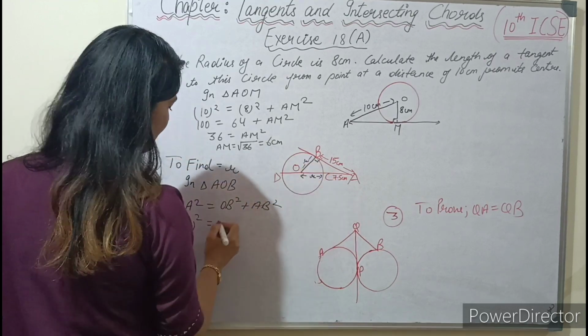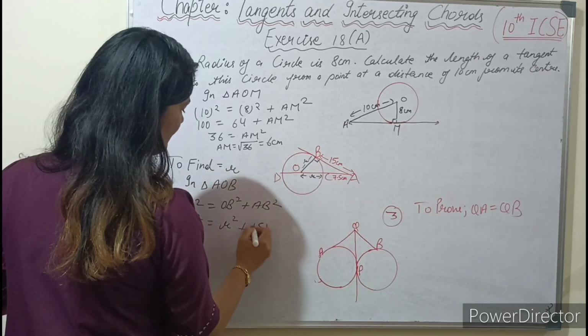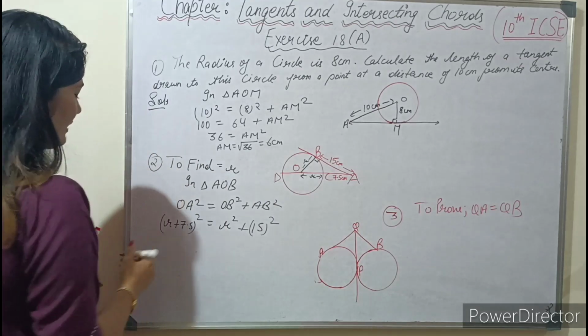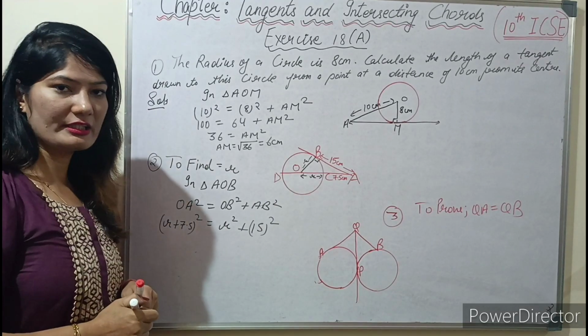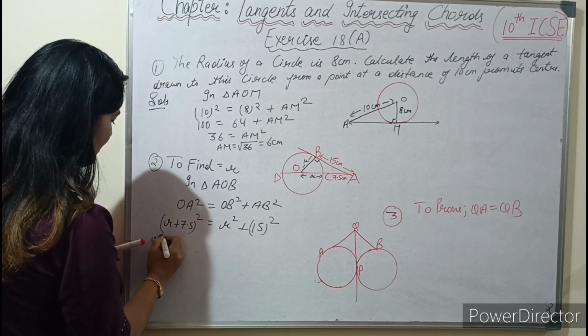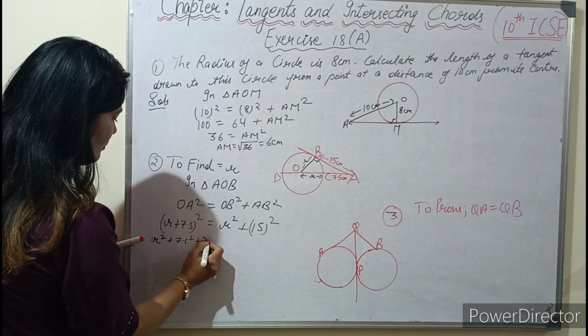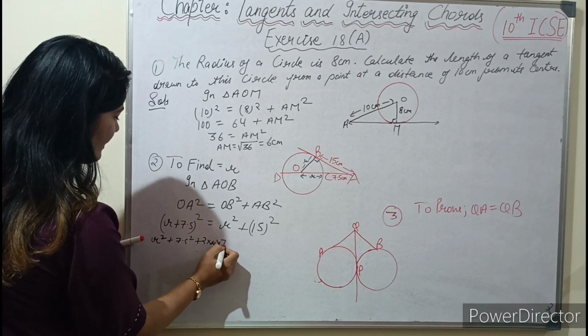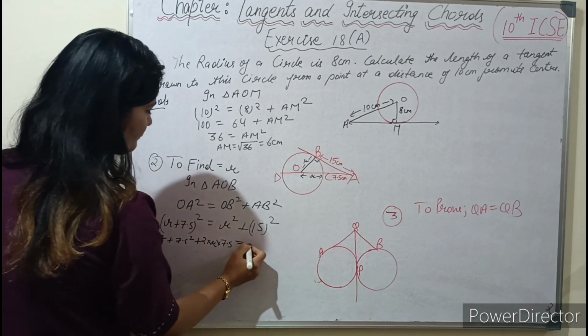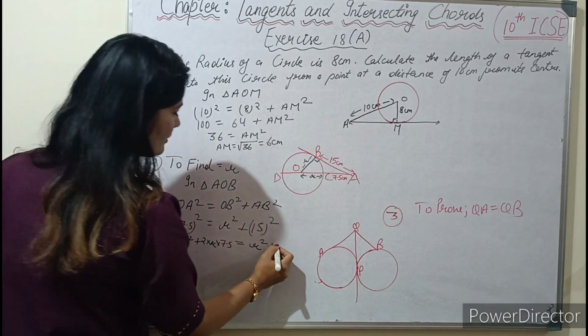OB is given, that is r square, and AB is also given, that is 15 whole square. Now in this case you have to apply the identity, that is (a plus b) whole square. So this is r square plus 7.5 square plus 2 multiplied by r multiplied by 7.5 is equal to r square plus 15 square is 225.